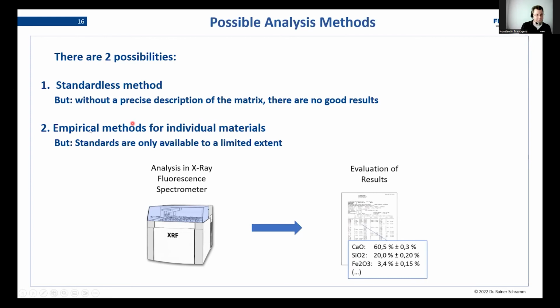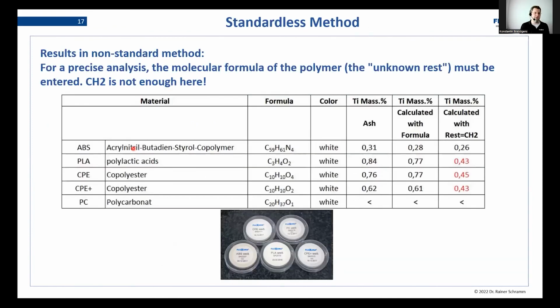The second one is the classical calibration, where we use standards. The problem here is that, especially for polymers, there are not a lot of standards available on the market. So we have to find workarounds for that.